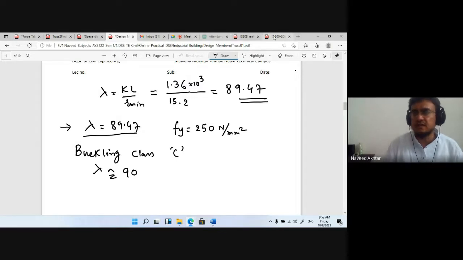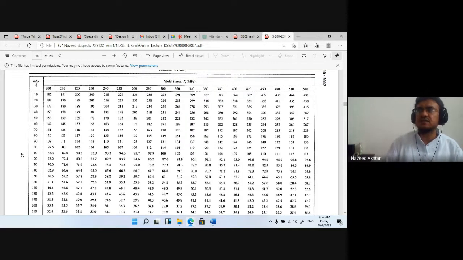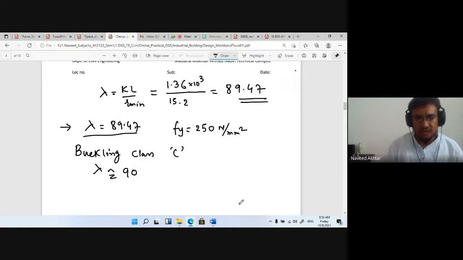From this table, for lambda 90, FCD will be 121.